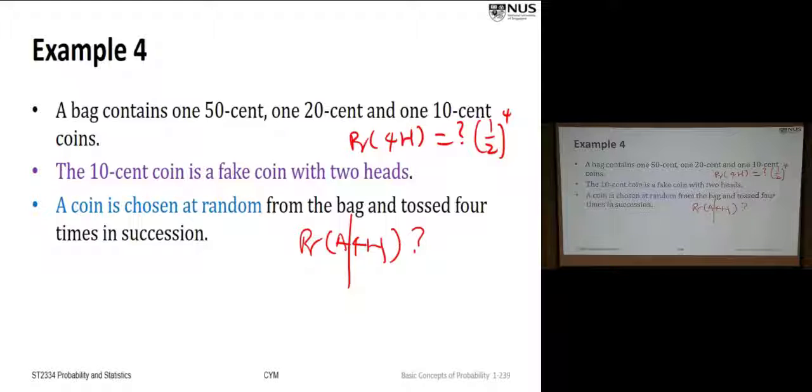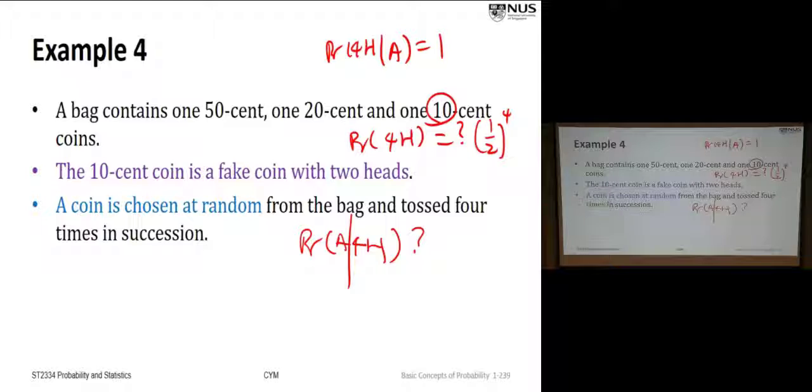So it depends on which coin you select. In other words, the probability of 4 heads, given that it is the 10 cents fake coin with 2 heads, is equal to 1. Both sides are heads, so no matter how many times you toss it, it's always heads. So the chance of getting 4 heads is 1.